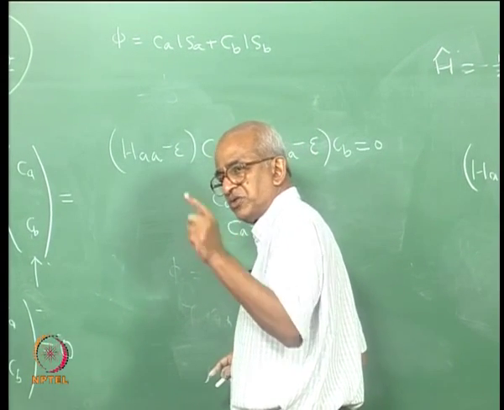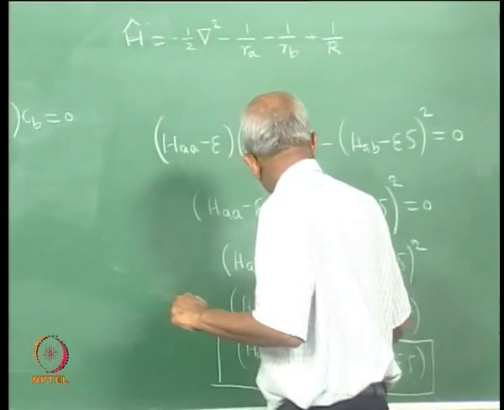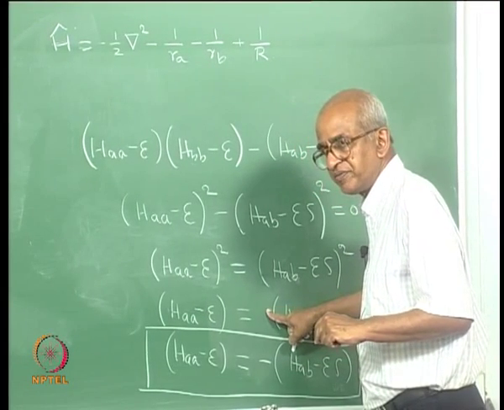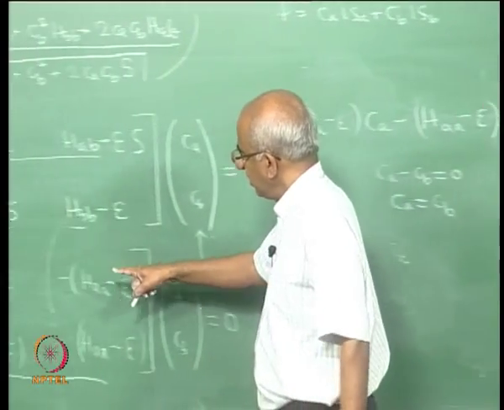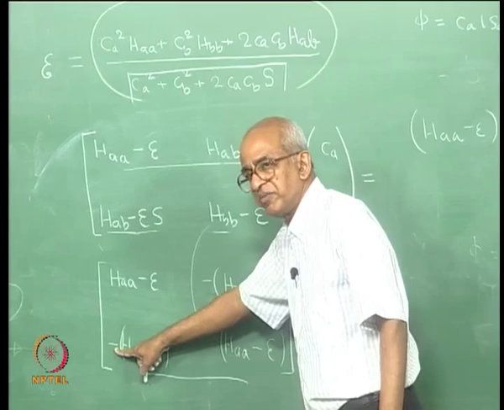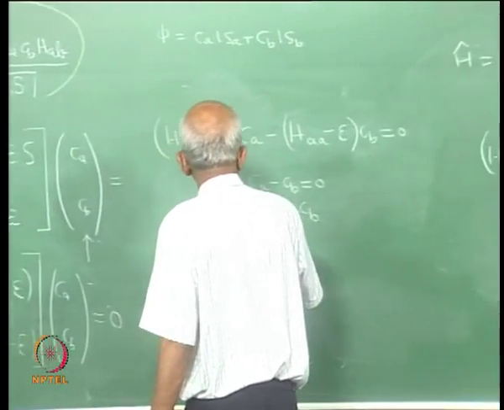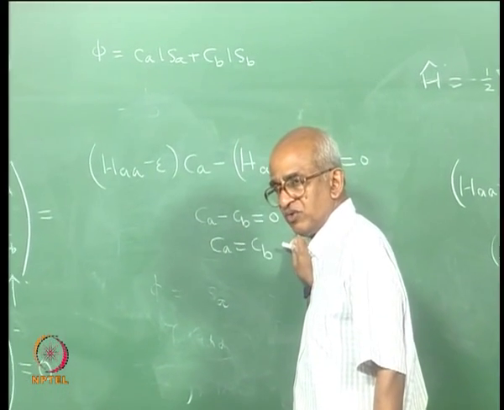Now, suppose you look for the other solution, how will you look for the other solution? The other solution would have, instead of a negative sign, a positive sign. That means, instead of this negative sign, you are going to have a positive sign, instead of this also you are going to have a positive sign, and so if you multiply it, you will get the result CA plus CB equal to 0.